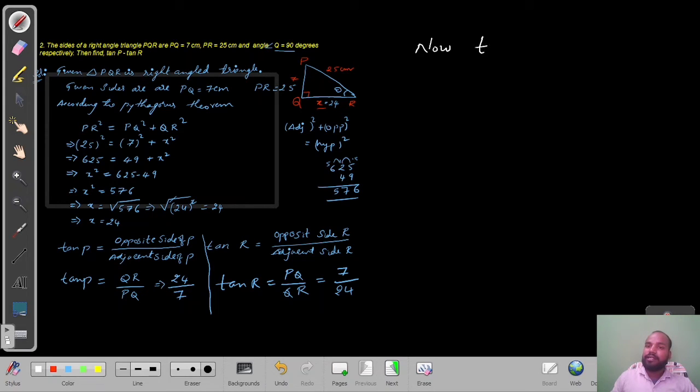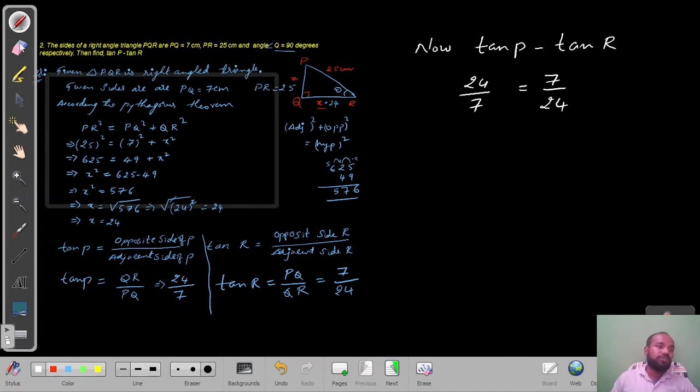Now tan P minus tan R. What is the tan P value? Tan P value is 24 by 7. Now what is the tan R value? Tan R value is 7 by 24.